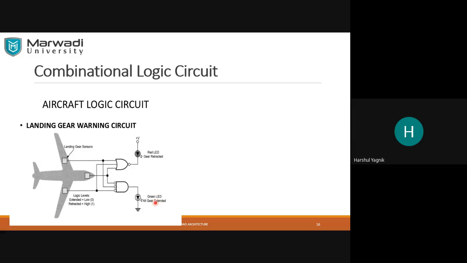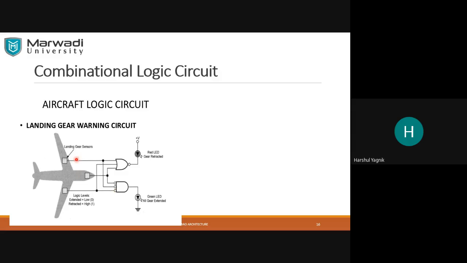Similarly, when the gear is extended, in that case, what is done? Here, an AND gate is used, but before the AND gate, there are 3 NOT gates. So if the gears are already extended, then at this line the output will be 0.